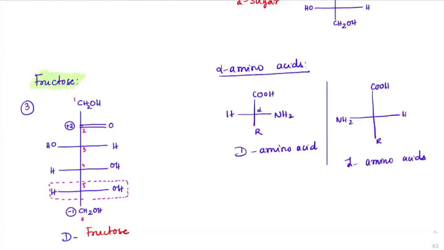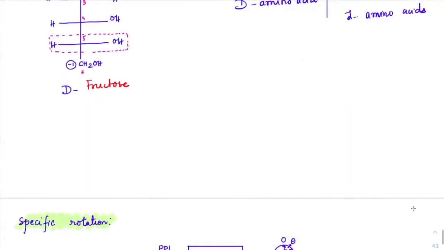And amazingly, most of the proteins which we consume are L type. So the proteins which we consume are L amino acids, while glucose or carbohydrates which we consume are D sugars. I think all of you got an idea now. What is D and L? That's all you need to know from this chapter. Rest you have the complete analysis of proteins and carbohydrates next.